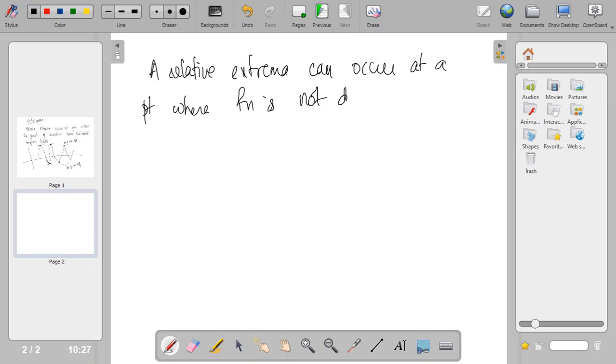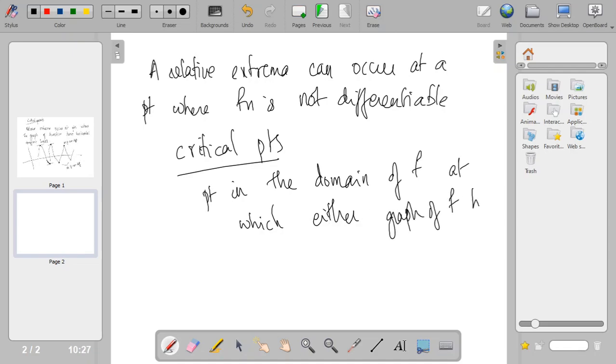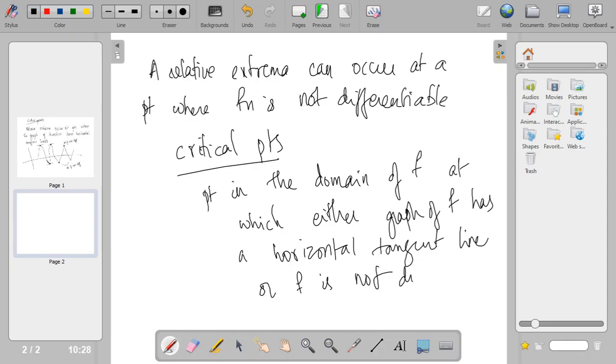By critical points we mean, a critical point is a point in the domain of f at which either the graph of f has a horizontal tangent line or f is not differentiable. So this is the definition of a critical point.